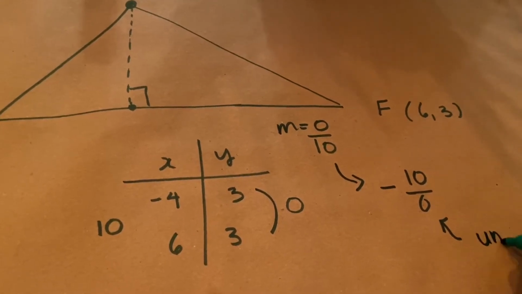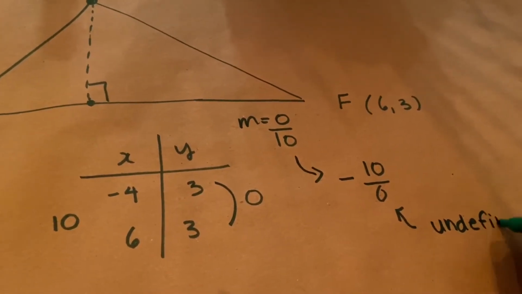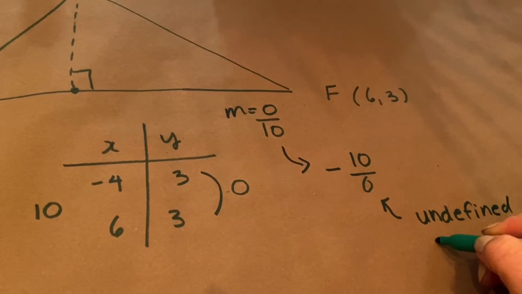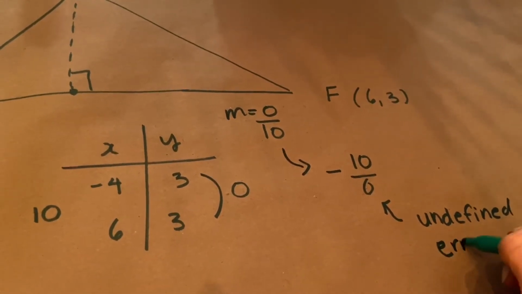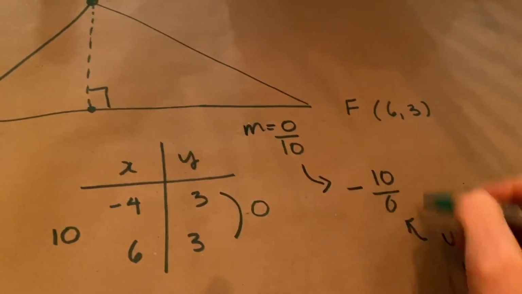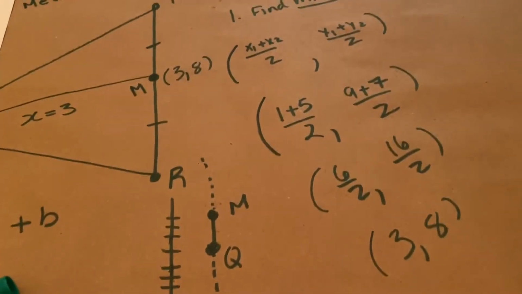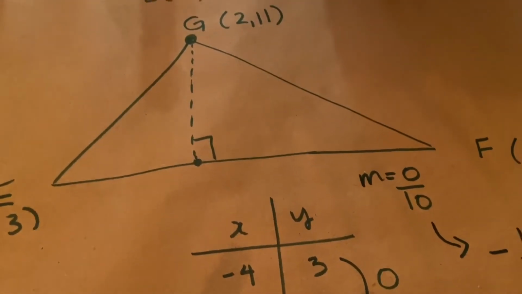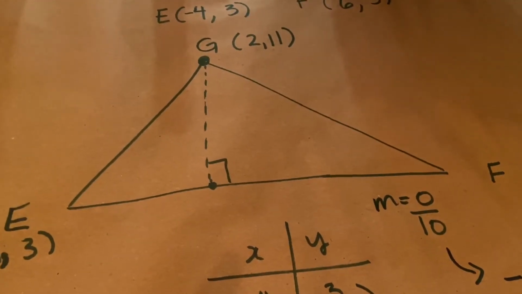You get something that is undefined. It's an error message on your calculator. So this is not possible. So this is another example, like the one we looked at the beginning, where my altitude is perfectly vertical.